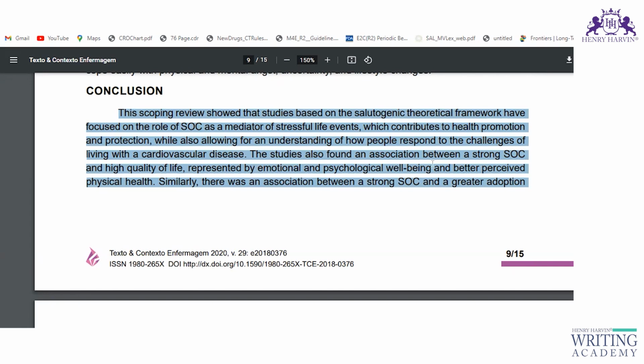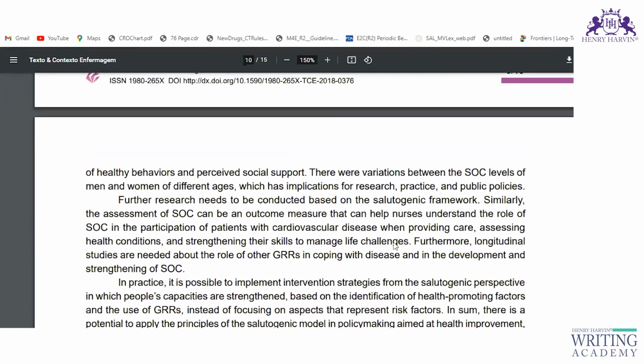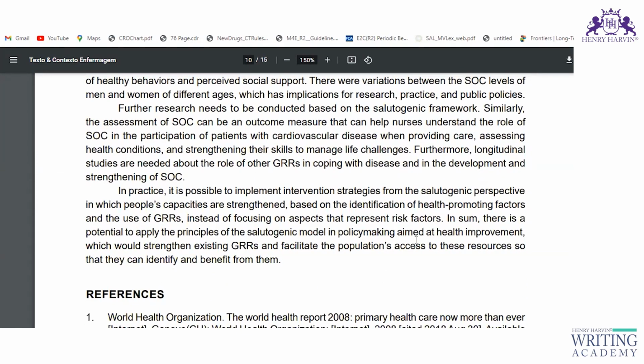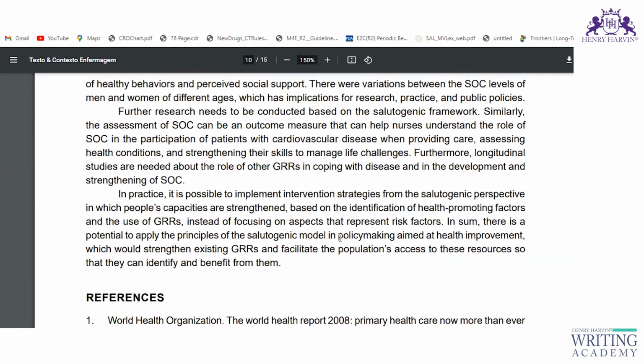These studies also found an association between a strong SOC and high quality of life. Like this, you mention what the scope is, what the future of this particular study is, and what opportunities the studies bring, so that you have to mention.